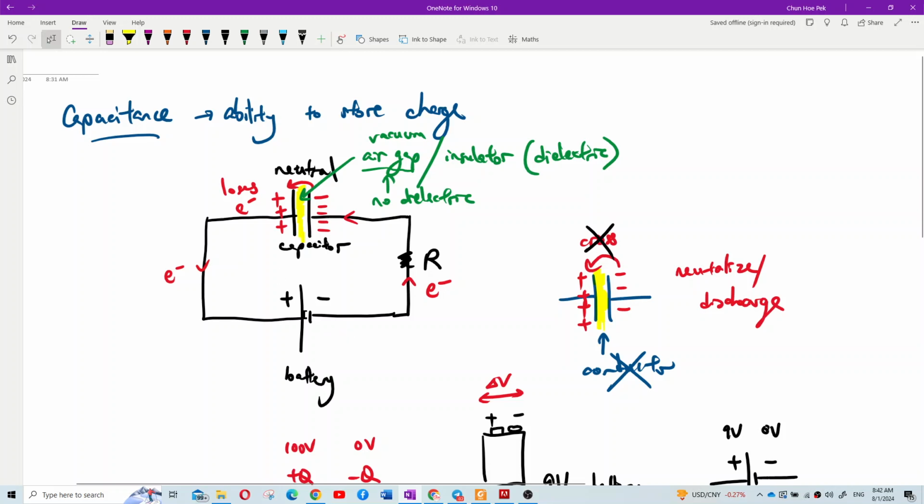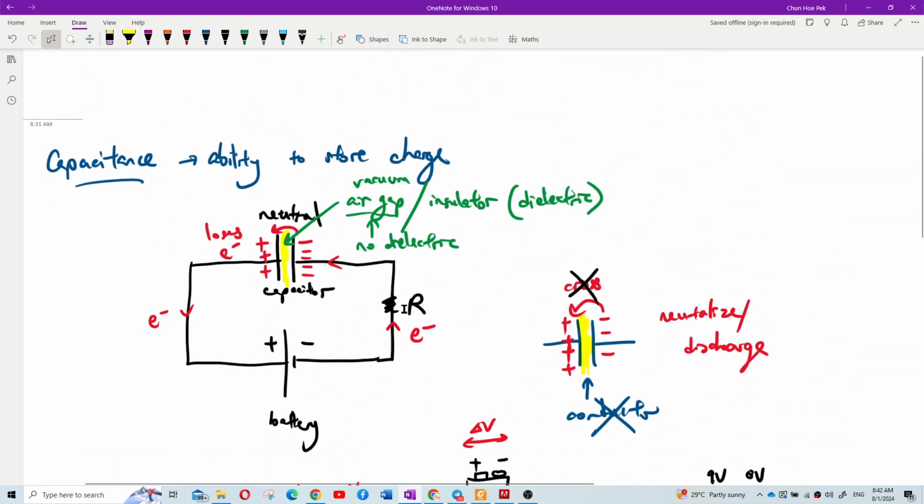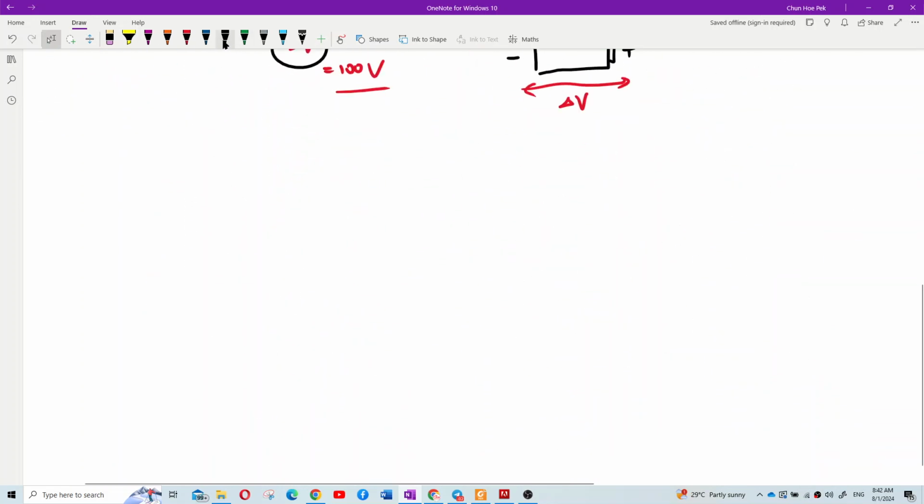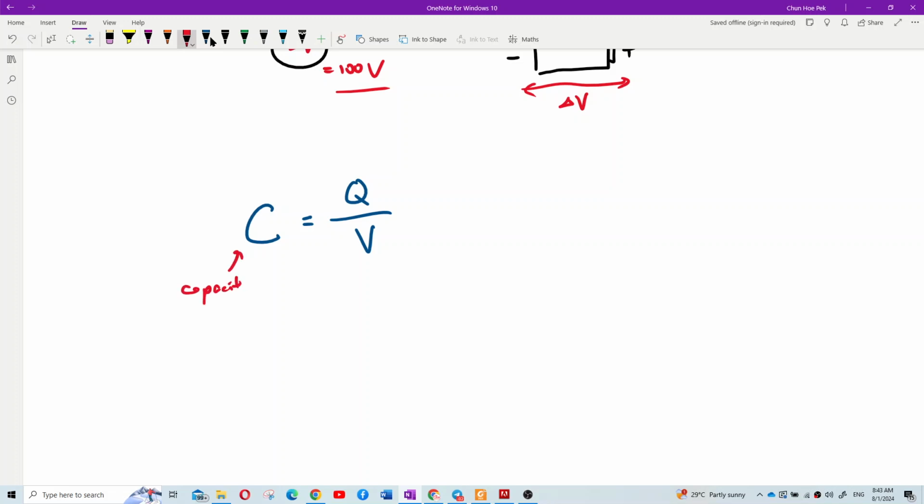Okay, now class, back to our capacitance. Sorry for the very long explanation. Capacitance is C, and it is charge over voltage. This is the capacitance, this is the charge, and this is the voltage, or potential difference.